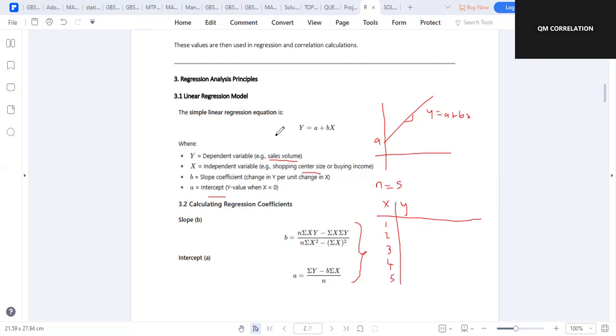Then we have our Y as 1, 1, 2, 2, and 4. How do you find XY? You multiply X by Y. This one times that one is 1. This one by that one is 2.